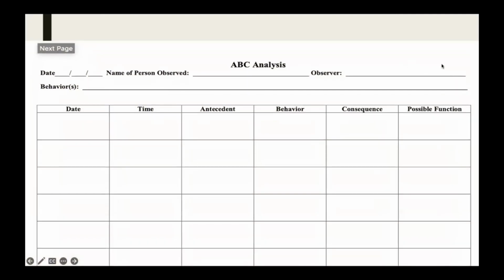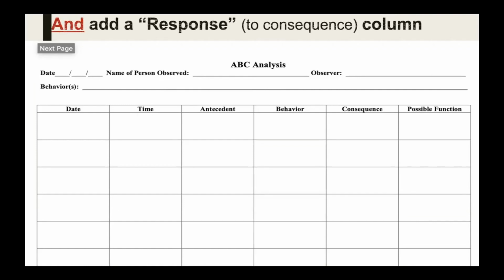You can create your own form, or I'm sure we've got one on Blackboard and maybe a link in the description of the assignment. But you can analyze your one incident on this form, or you can create your own form. If you're out there in the classroom and you're collecting information for the upcoming functional behavior assessment, where the committee is going to say to you, we need some data, quantitative and qualitative, do an ABC analysis too.